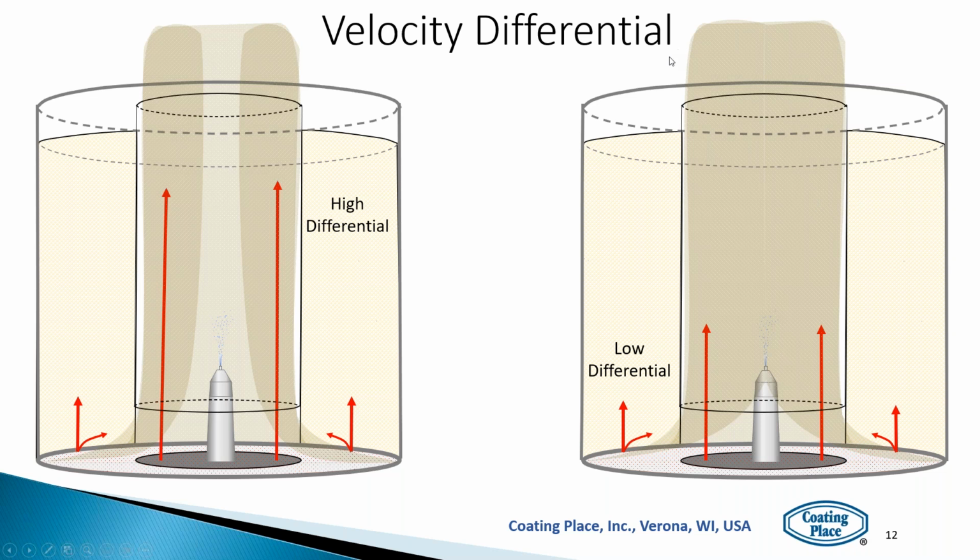So what does this mean for velocity differential now? We're talking about the outer bed, just suspending particles, and what I just shared. But what does the air velocity in the center need to be?